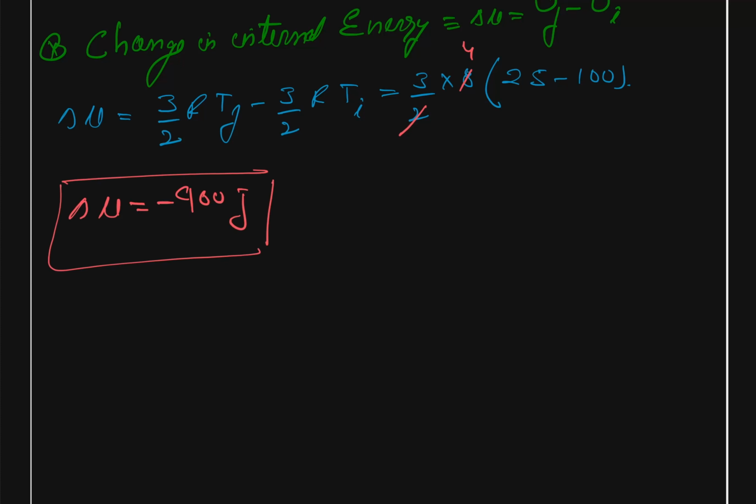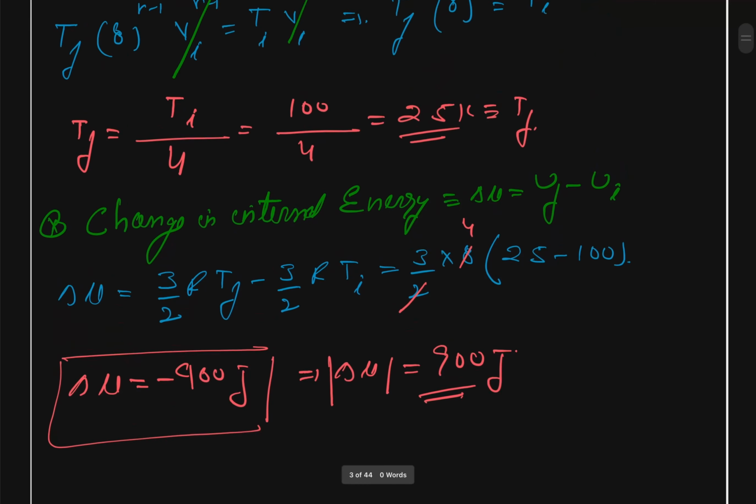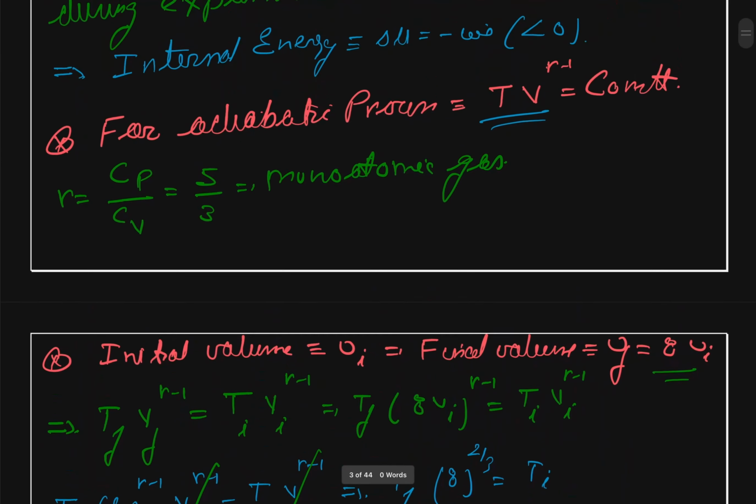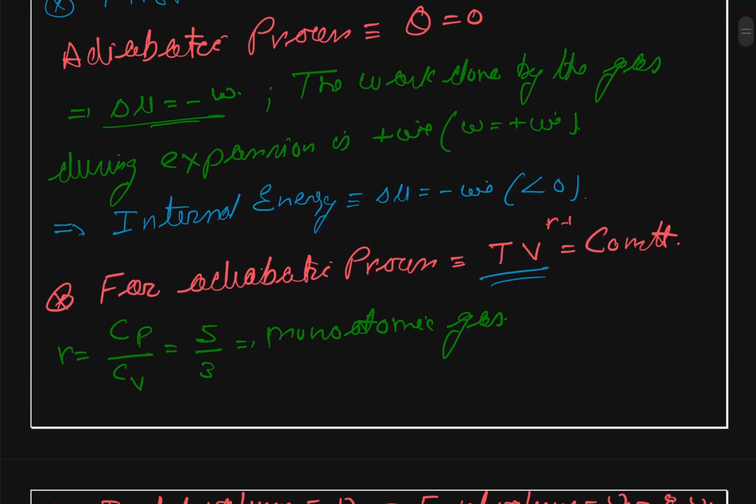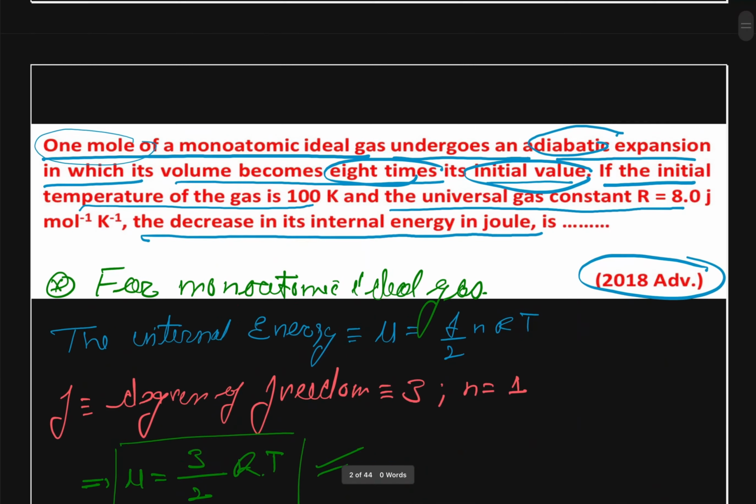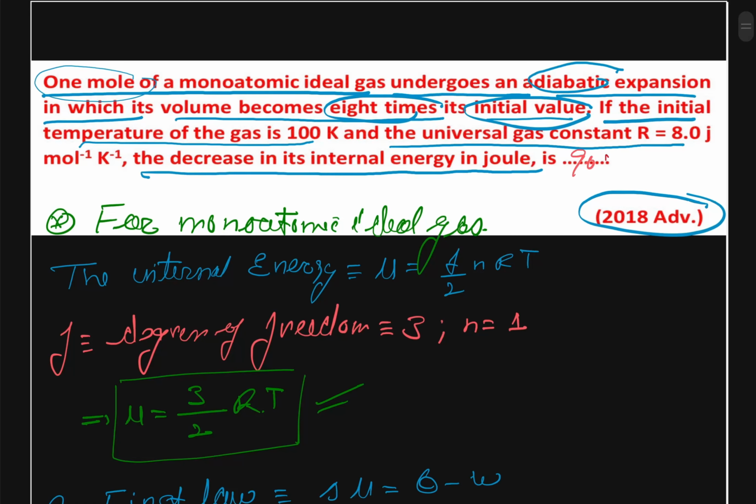In terms of magnitude only, we can write this as 900 joules. Obviously it is a decrease in the internal energy, because here also we concluded that the energy is going to decrease. So we get this is equal to 900.